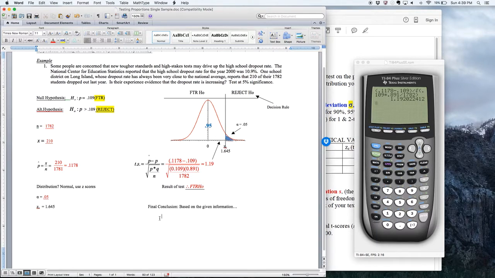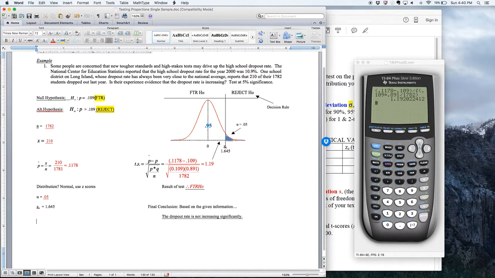All right, so we come down here, based on the given information, the dropout rate is not increasing significantly. So a lot of people say, well, why don't we just say accept right here?